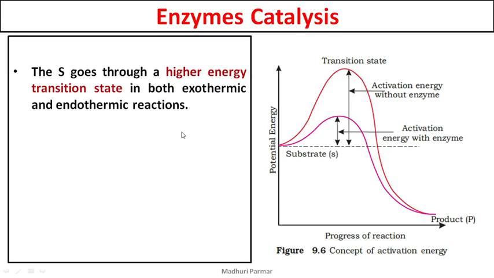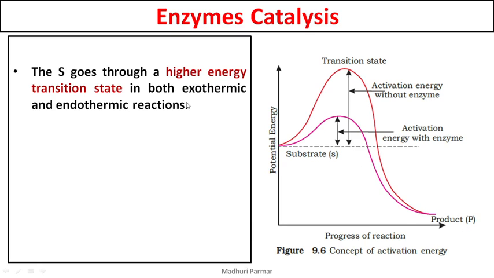Right. So let us see the graph for this. Just pay attention, okay? On the y-axis, you have potential energy. Potential energy is the energy present in the molecule, right? And on the x-axis, you have progression of the reaction, in which direction the reaction is progressing.